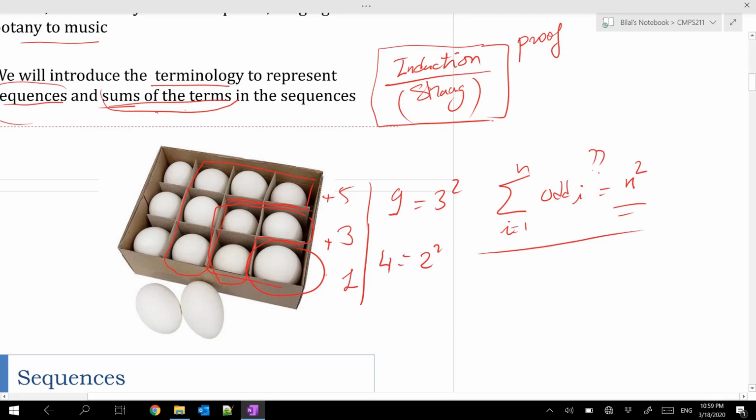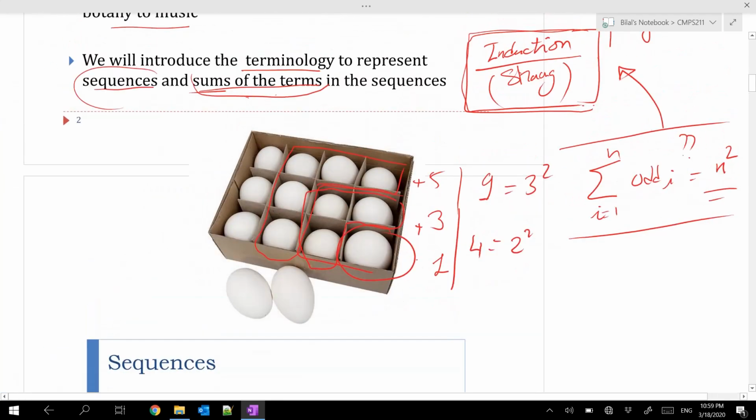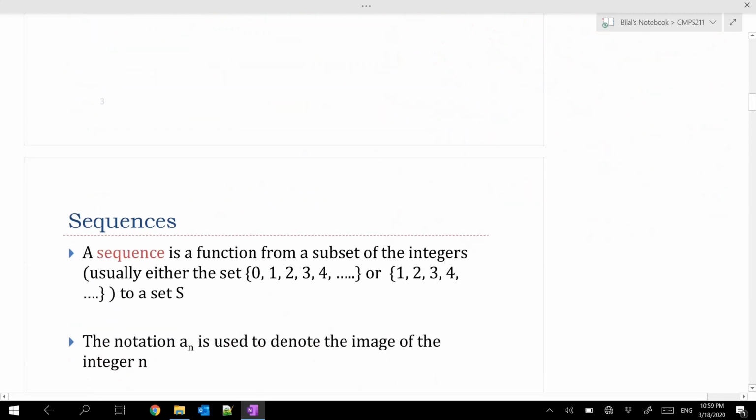If you have this strong intuition about it, you just claim it, make an assumption about it and try to prove it by induction. We close the parenthesis for induction because this is the topic of the next video. Now let's concentrate on the terminology about sequences and sums of sequences.